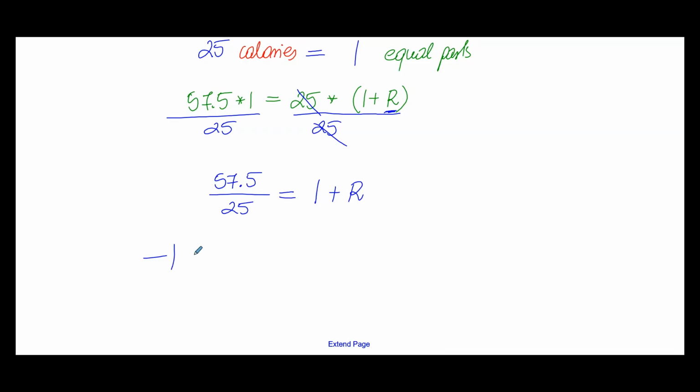We move it to the other side, therefore change the sign to the opposite. It will become minus 1. So now we have all numbers on the one side of the equation, R on its own. We put all these numbers in our calculator, press equal, and we get that the value of R is 1.3.